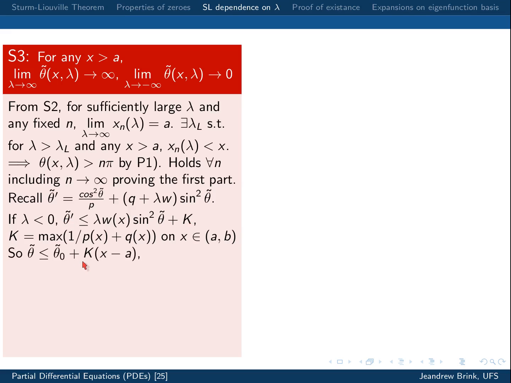So what we have now is that if this thing holds true, using also the comparison theorem, we can say that theta is less than or equal to theta 0, the initial condition, plus k times (x minus a).